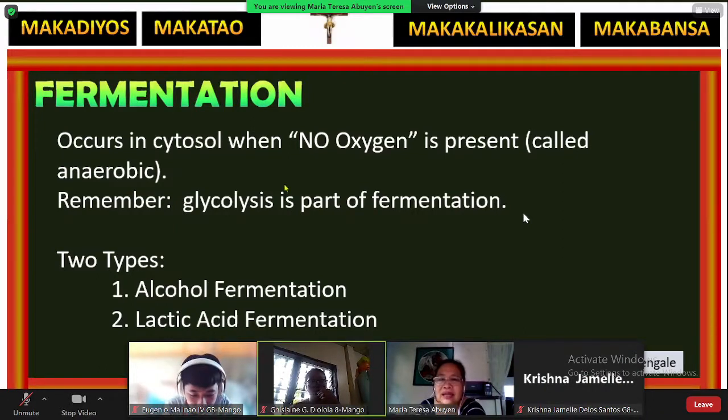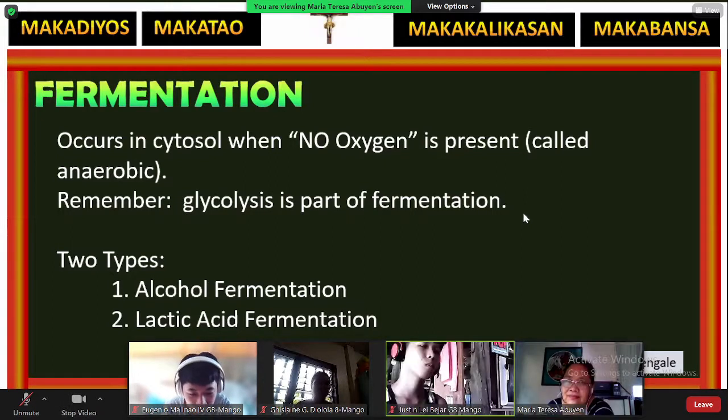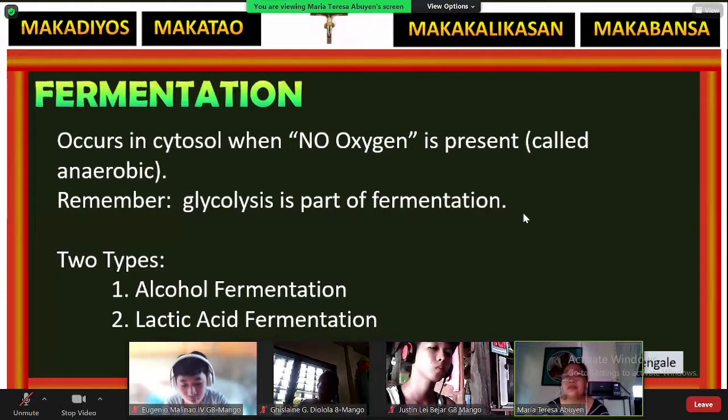Meaning, it doesn't require oxygen to produce ATP. Since it doesn't need oxygen to produce ATP, only a minimal amount of ATP is produced, because there is no oxygen needed or present.